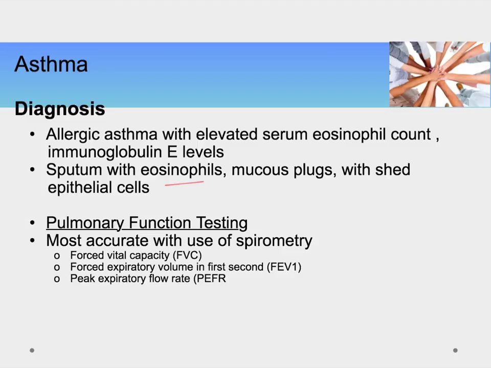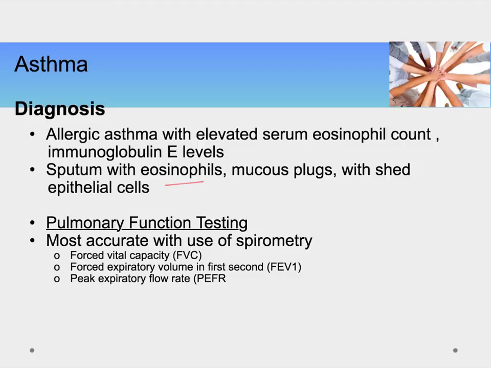So the provider orders the test to evaluate ventilatory function through spirometry. Spirometry is measurements. It's a piece of pulmonary function testing. It can help to assess the effectiveness of medications such as bronchodilators and steroids.